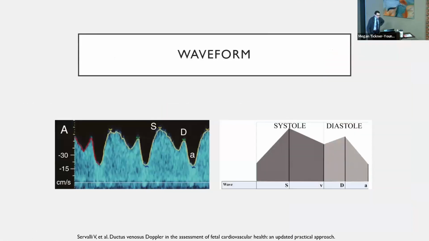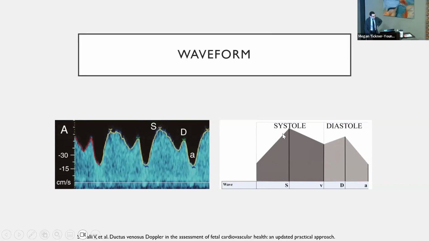The ductus venosus has a triphasic flow pattern, and under normal circumstances has a persistent forward flow throughout the cardiac cycle, which is important and allows us to qualitatively assess the flow pattern. There's no intervening vascular structure between the ductus venosus and the right heart, and the ductus venosus flow pattern directly reflects pressures from the right heart. So you have the different peaks of the ductus venosus waveform as the AV valve rings descend in early systole.